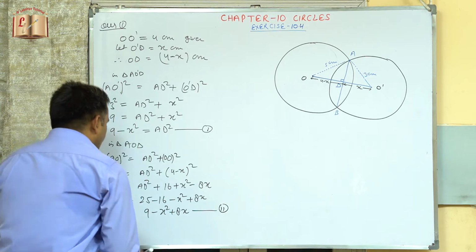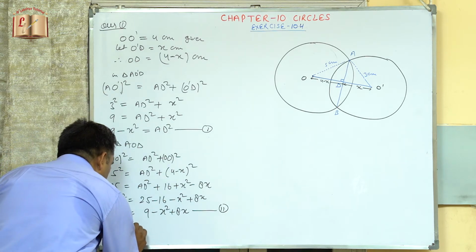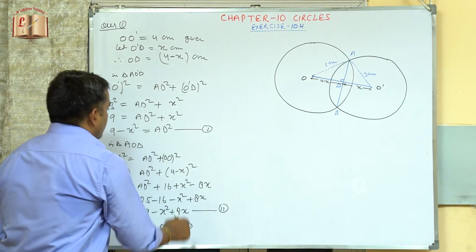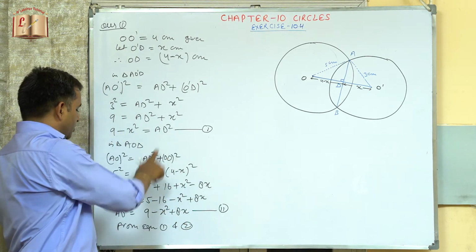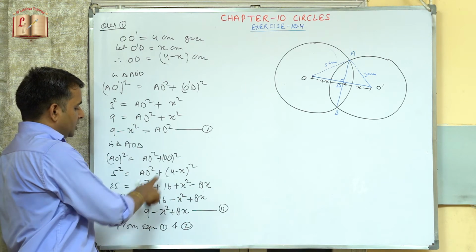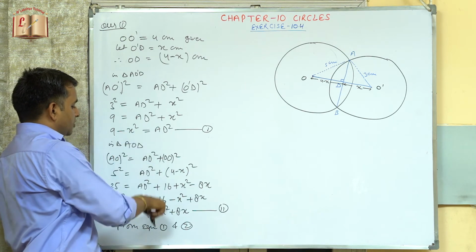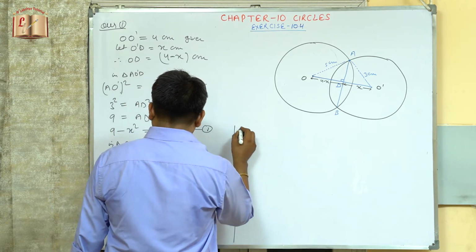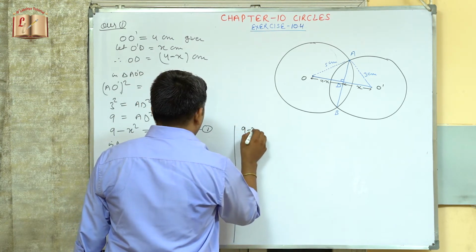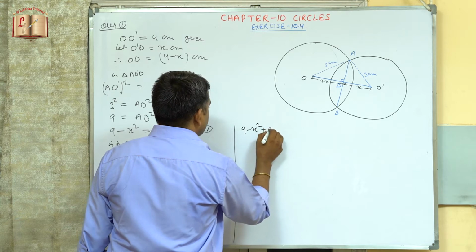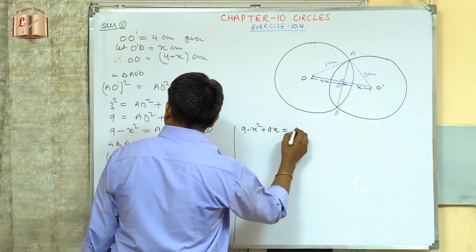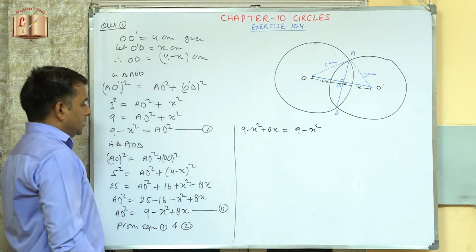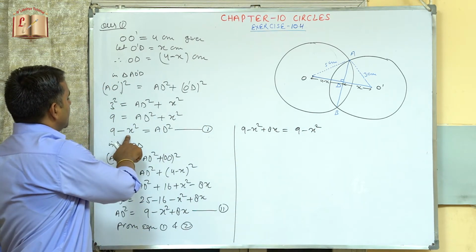So from equation 1 and 2, AD square from here and AD square from here are both equal. So we can equate the other two sides also. So 9 minus x square plus 8x will be equal to 9 minus x square.